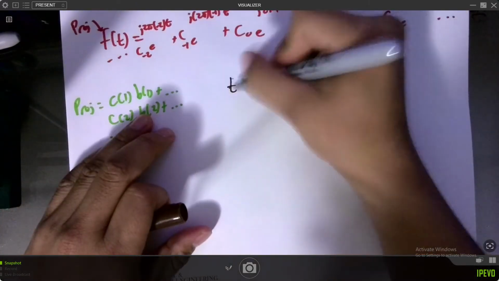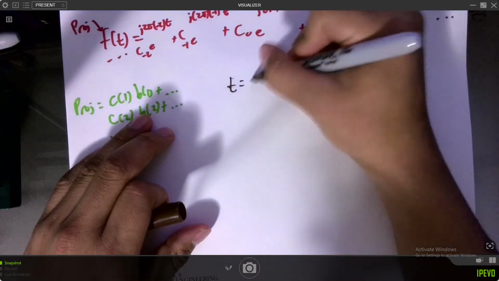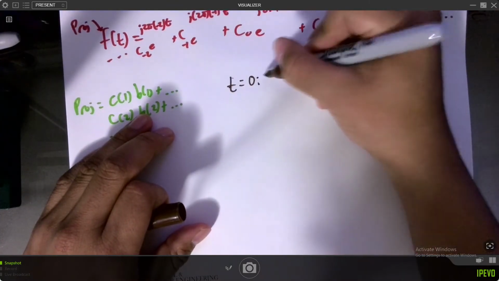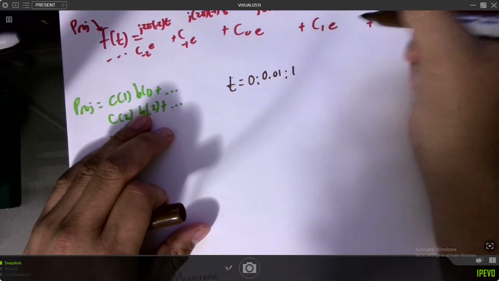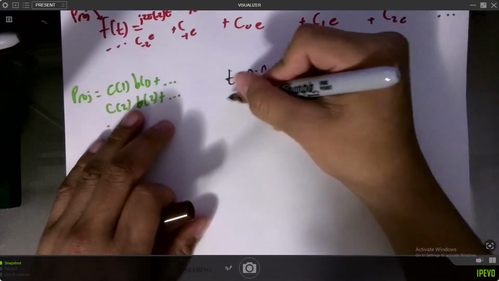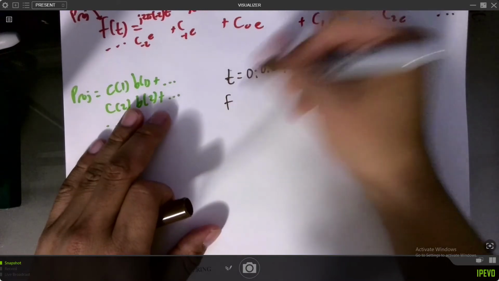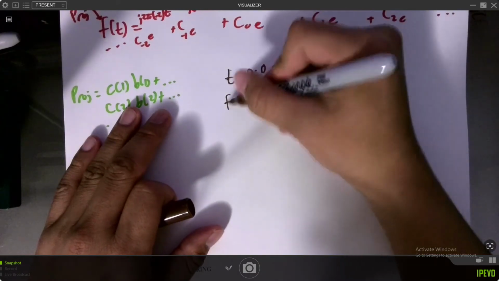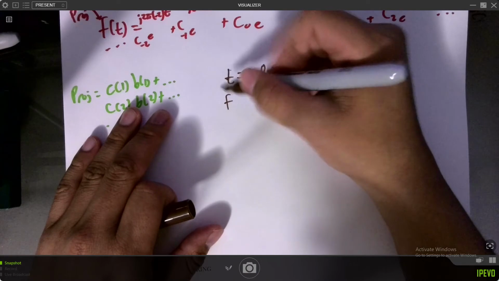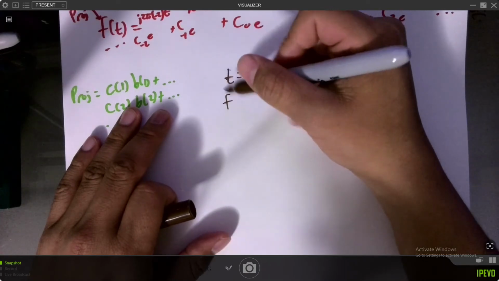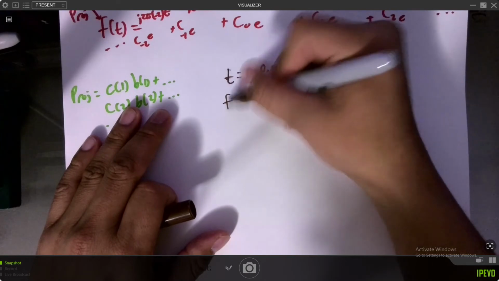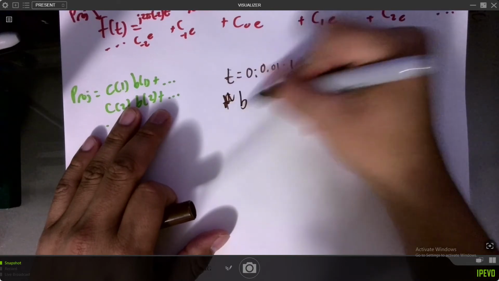So if you were to define a vector t, which is equal to 0 to 0.01 to 1, and you were to call some function, or your f, or whatever your thing is, your signals are actually... hold up, I'm trying to think. No, these are your basis functions, I'll just call it bases.